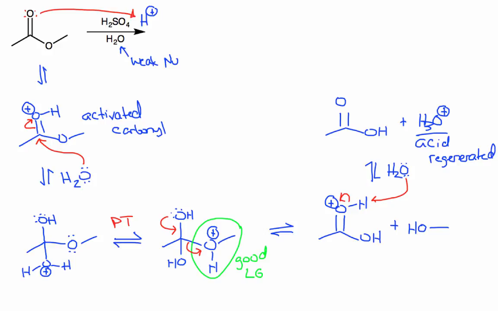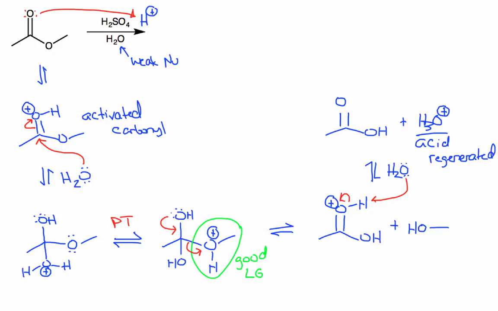So this entire process is an equilibrium process. Okay, and the truth is, this leaving group of methanol that we used really is no better than water at this step. But losing water would drive the equilibrium in reverse. So for this hydrolysis process, we really need to do something to drive the reaction to the right to get this carboxylic acid.